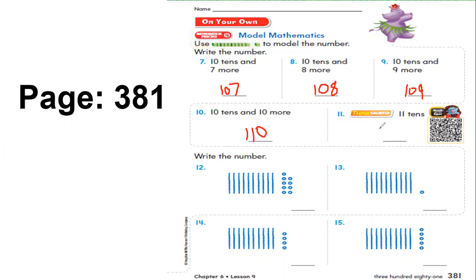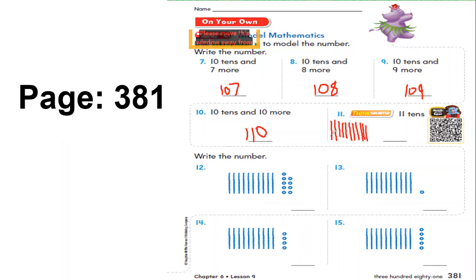Now, question number 11, we have 11 tens. Think about it, 11 tens. Look, I'm going to draw 11 tens and I'll show you. I have 1, 2, 3, 4, 5, 6, 7, 8, 9, 10, and 11. So I'm going to draw 11 here.